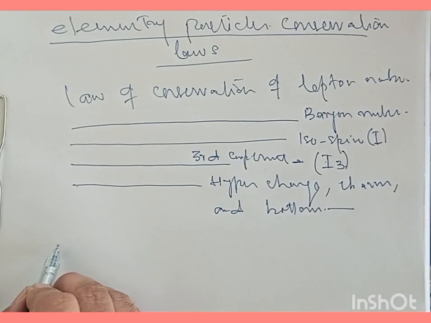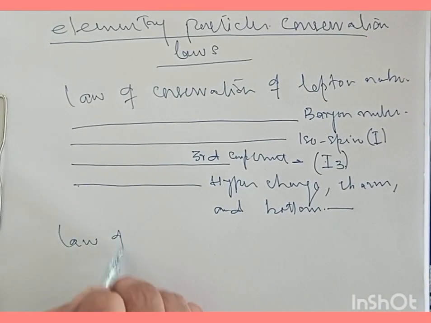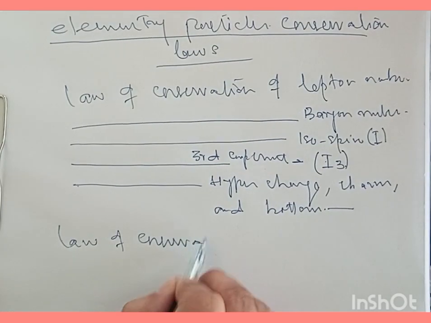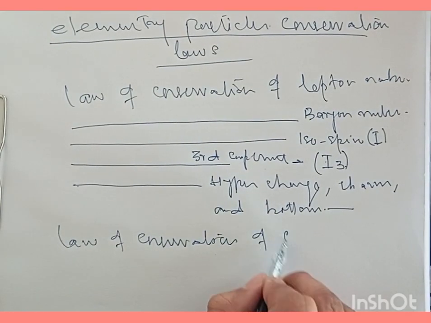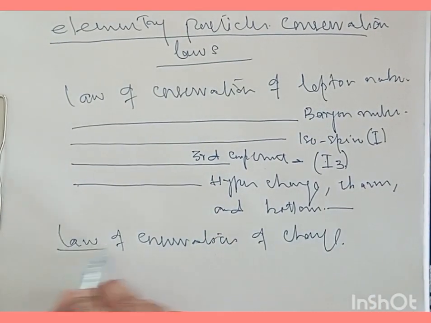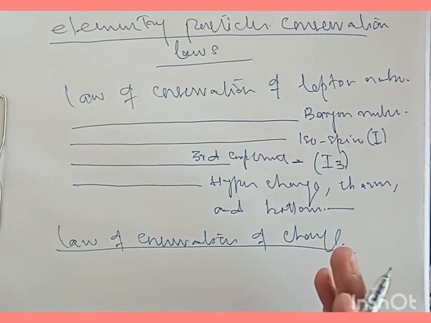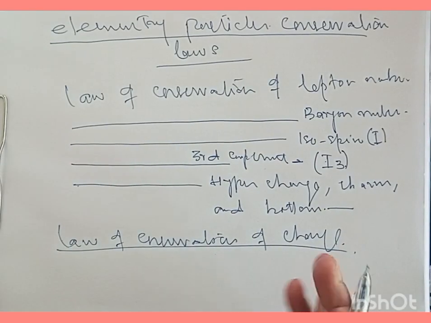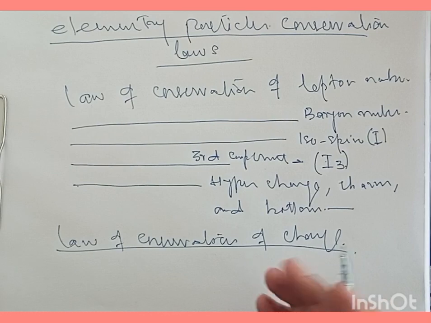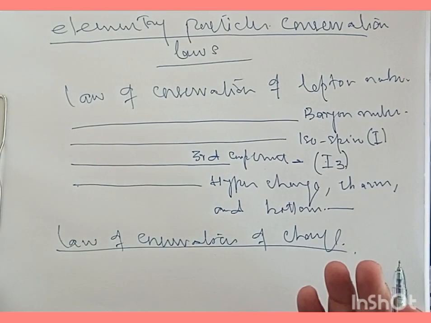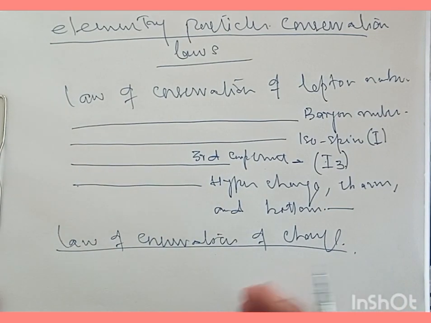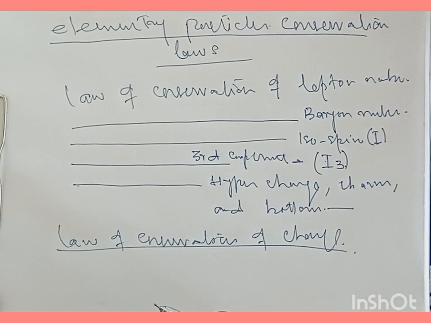If we talk about the law of conservation of charge, according to this law, the total charge of a particle or a composite system before it decays must be equal to the total charge after its decay.